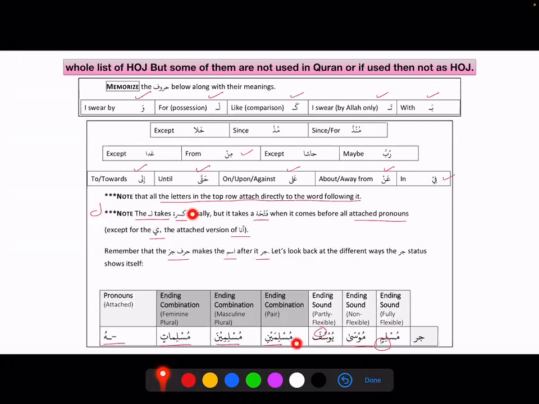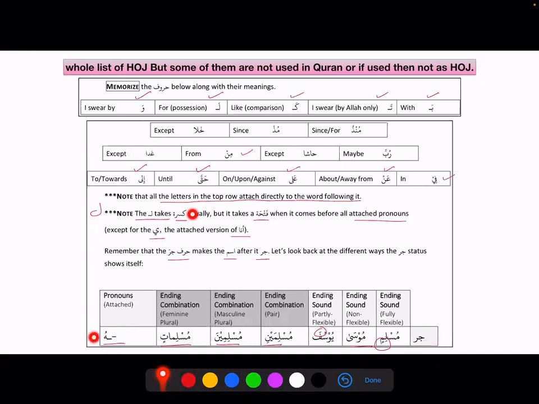Muslimaini, this dual combination, ani, aini, right? So this aini combination is jar. Then muslimuna, muslimina. So muslimina, again the plural combination, is jar. Muslimatun, muslimatin. So this muslimatin is jar in status.